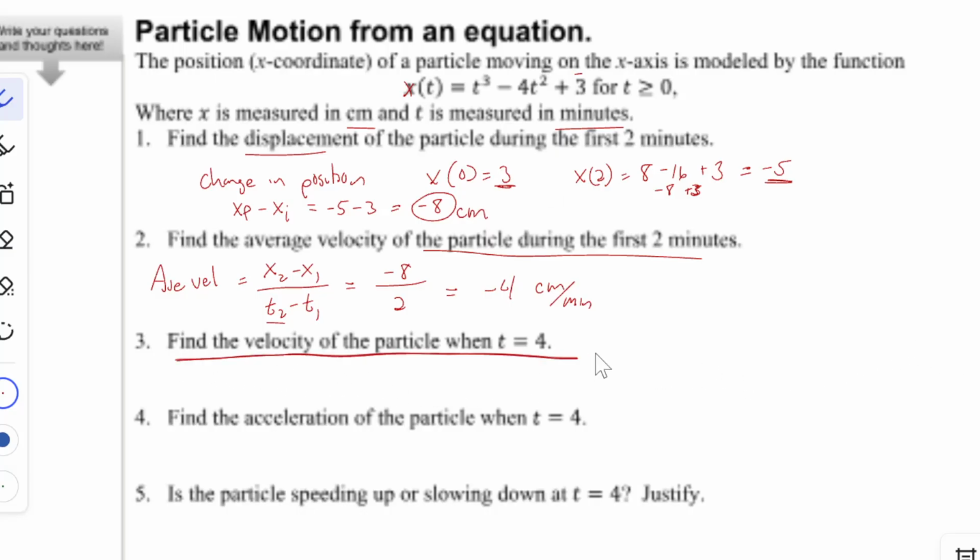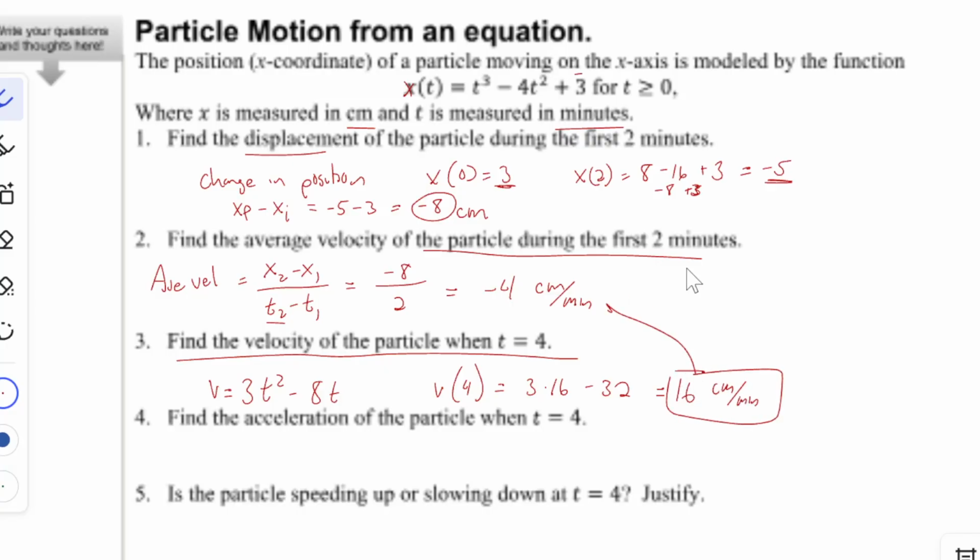So this is find the actual velocity, which means we take the derivative. Then plug in 4. So yeah, 16 centimeters per minute. So you'd think these would be similar, but nope. This is just an instantaneous velocity.